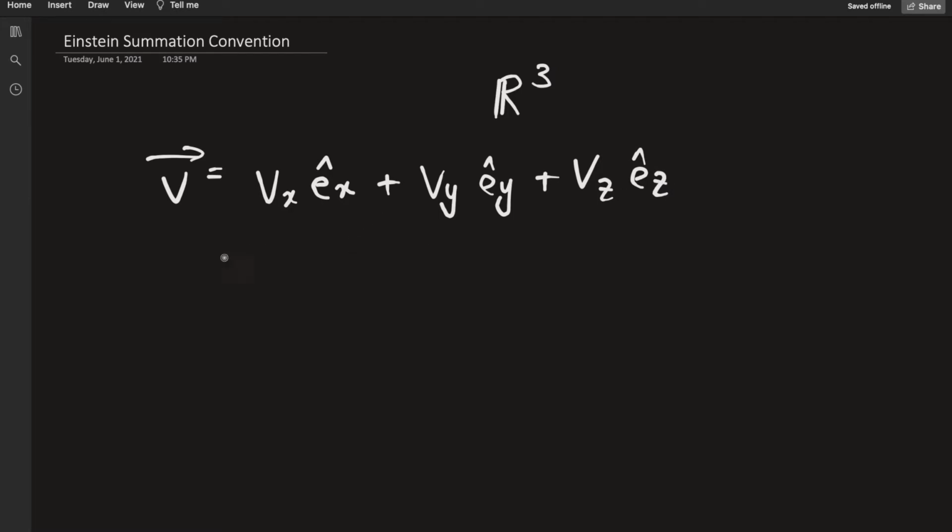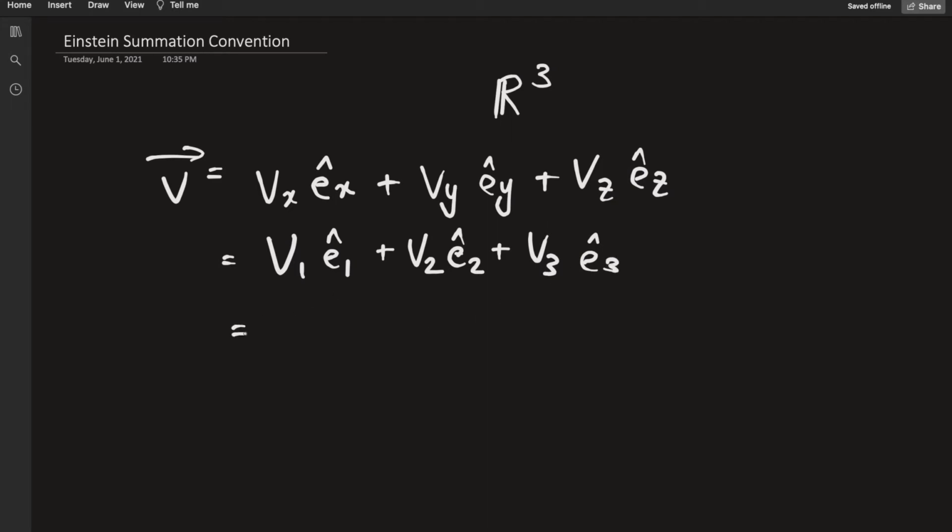Now for convenience sake, and you'll see why I'm doing this in a few minutes, I'm gonna replace the x, y, and z by numbers 1, 2, and 3. So we have V1 e sub 1 hat plus V2 e sub 2 hat plus V3 e sub 3 hat.